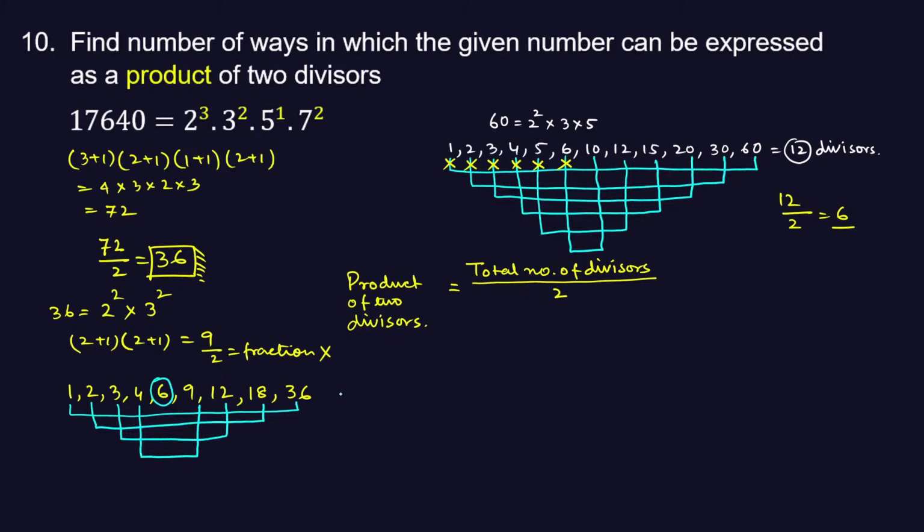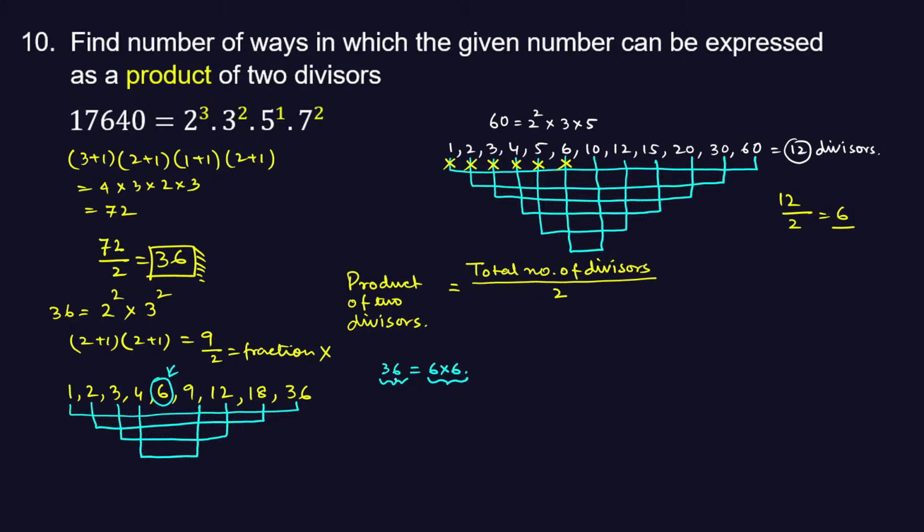Now see, 36 can also be written as 6 into 6. Tell me yes or no. It can also be written as 6 into 6, which is actually not considered here. If we analyze it this way, we will see that there is a factor 6 which, when multiplied with the same number, gives us that number itself. But since we are not getting 6, 6 when we are writing the divisors in pairs, it is not possible to get it.